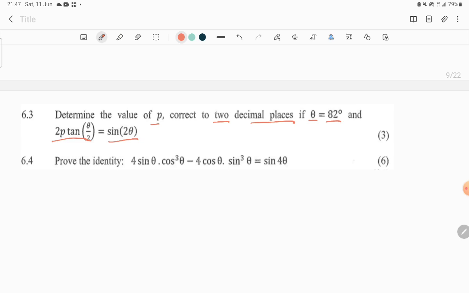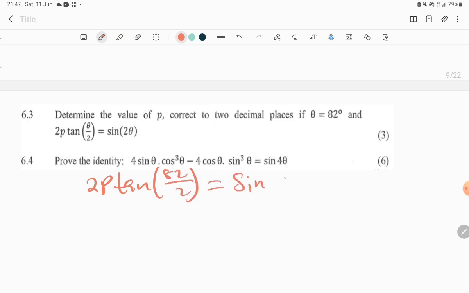So here you are being tested on the skill of substitution, and how you use your algebra in trigonometry. Here we have 2p tan, and in place of theta we can immediately substitute 82, divided by 2, is equal to sine 2 times 82.